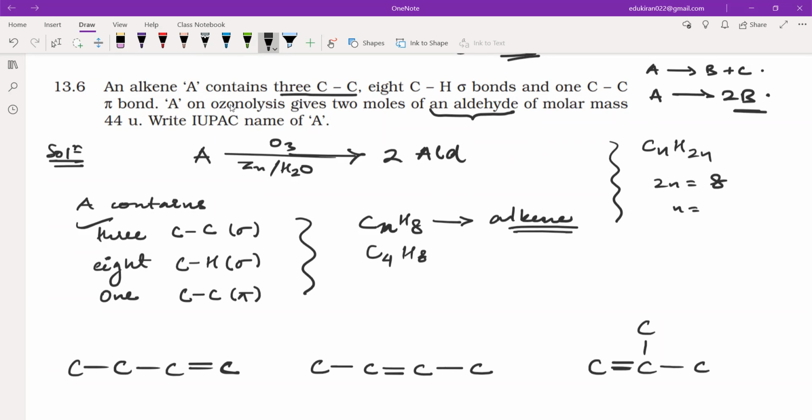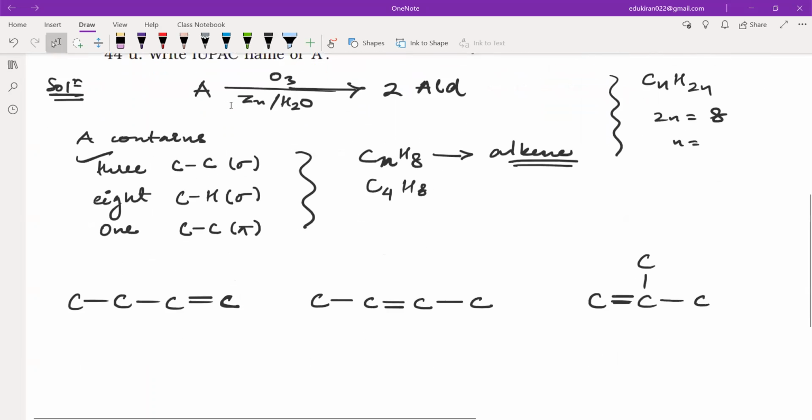Yes. Now you understand. Okay, now you tell me, out of these 3, which one on ozonolysis is going to give me one aldehyde, I mean, a similar aldehyde. This one is giving me a ketone. So this is obviously not the structure because one of the products here will be a ketone. So I will not consider this structure.